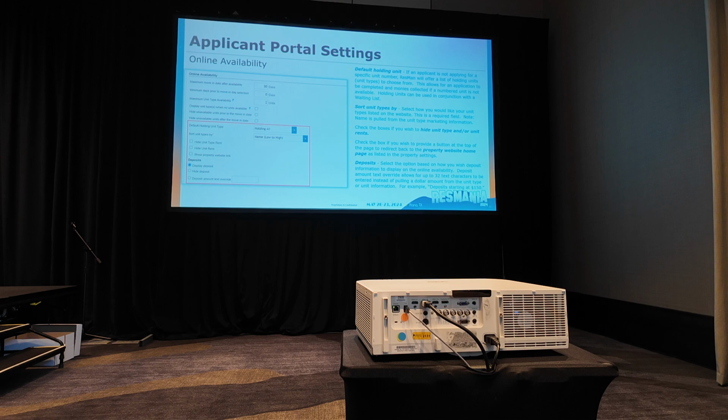So what a holding unit does is it allows us to collect that application, have the applicant complete the application, collect the monies. We don't have them assigned to an actual physical unit with a unit number. So again, it's kind of like that virtual waiting room, if you will. Phantom unit is what I like to call it. So we can have them apply, and then once we have an actual unit available, transfer them to that numbered unit where they would actually move in, right?